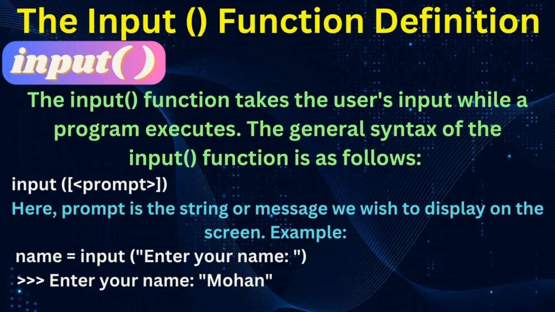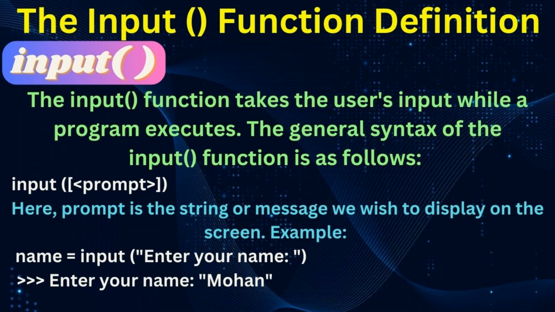For example, we can say name = input(). Just look at the screen. Name equals input, parenthesis, that means bracket begin, then double quotation. Now we type "Enter your name", then quotation close, bracket close.